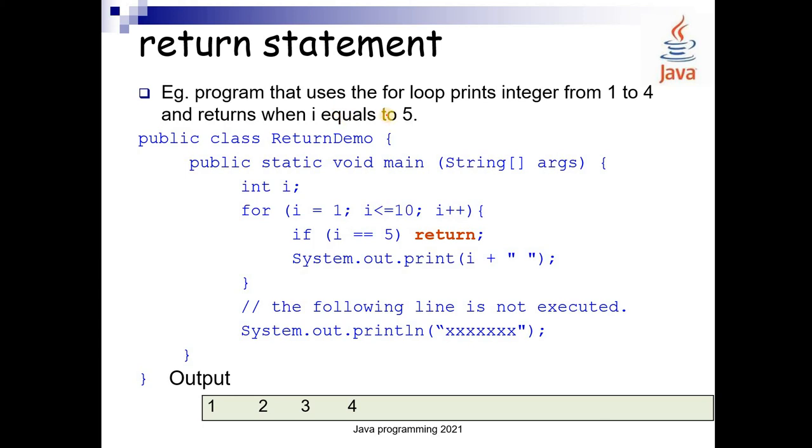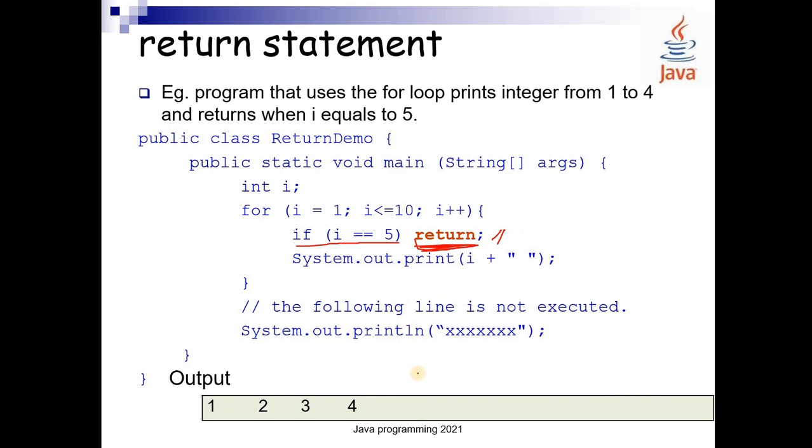Okay, this is the return example, the use of the return statement. We need to exit from this method. We are just exiting if i equals 5. That's the meaning of return, because when it reaches return, it automatically exits the method. So i is supposed to loop up to 10, but we said if i equals 5, please return, stop, in other words.